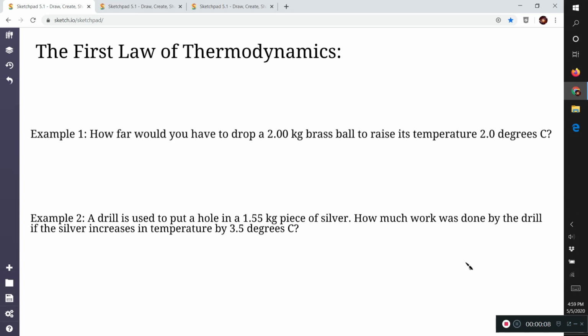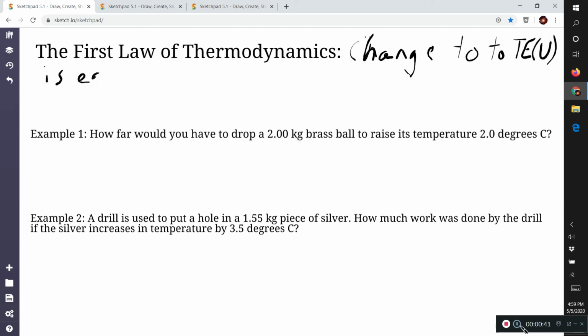It covers the first law of thermodynamics and the second law of thermodynamics and their applications. So the first law of thermodynamics says that the change to thermal energy, which we're going to call U, because that's what the book calls it, is equal to the heat added minus the work done.